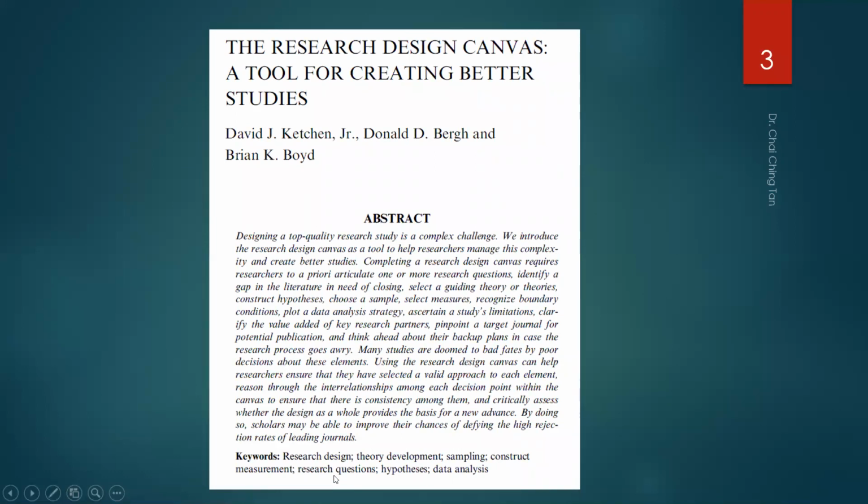Of course, it would be nice to have some canvas, but it doesn't seem to have a canvas in the keywords. So that is fine. Maybe they are focusing on the key contents, keywords which deal with research design. So you can see that there is definitely a design perspective, and they are also stressing a very important thing, which is the theory and other components, just like the business model, right?